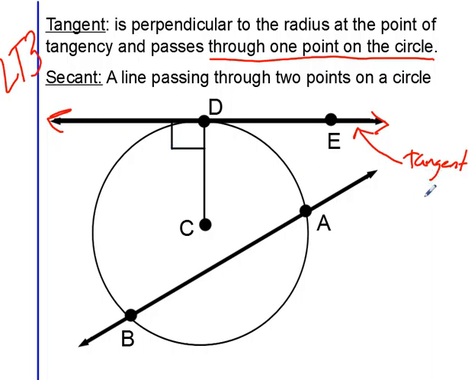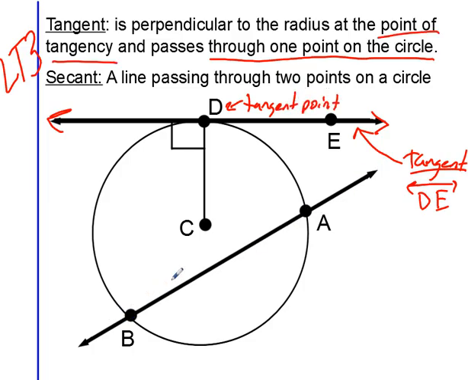So my tangent is line DE, not line segment. It doesn't end, it goes on forever. Also, D, since it is the spot where the line interacts with our circle, is called the point of tangency, or the tangent point.